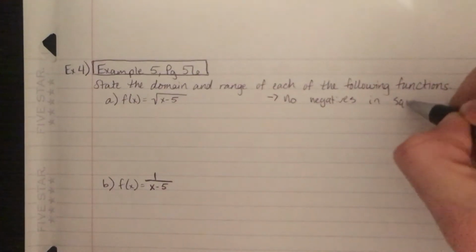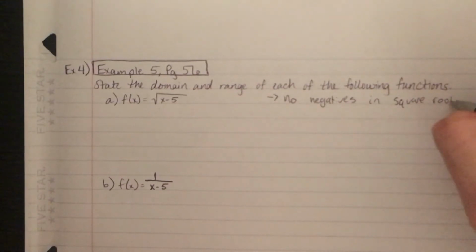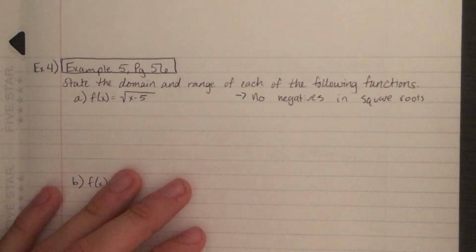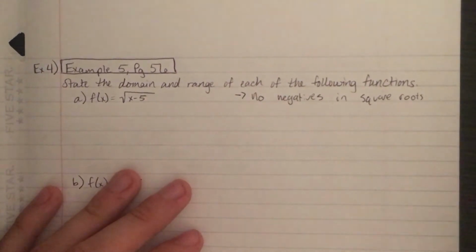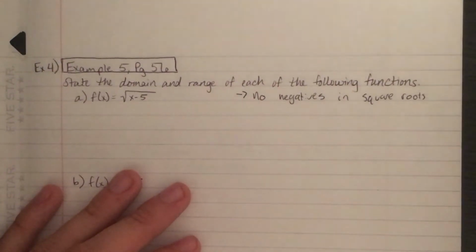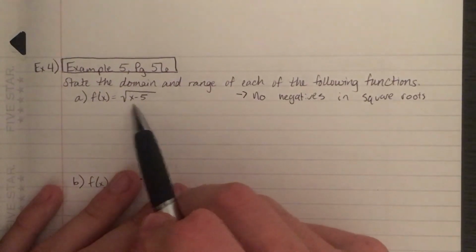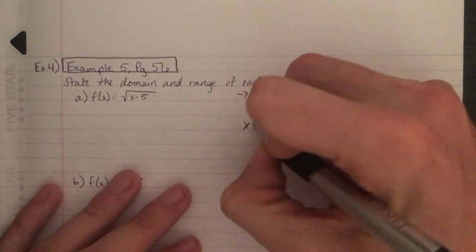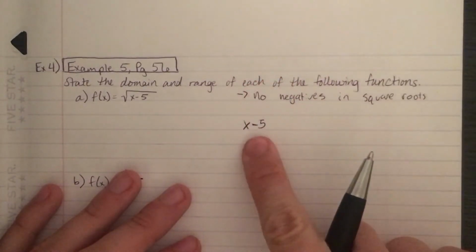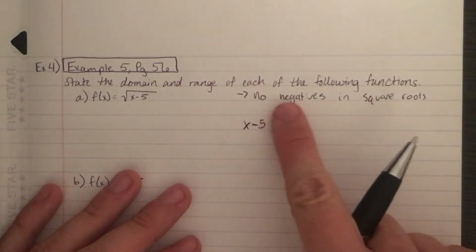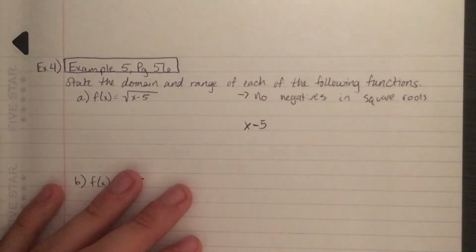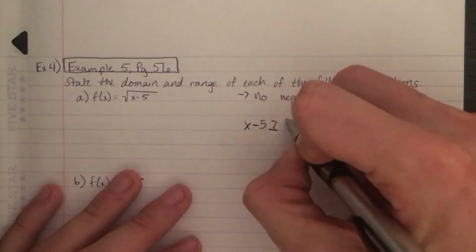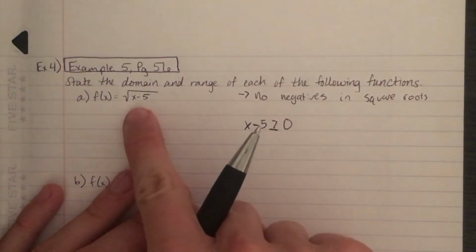in square roots. You get imaginary numbers, and we can't graph an imaginary number. At least not in this point of math. There is a point, but we're not there yet, y'all. So what that means is that whatever's underneath this radical, this x minus 5, for it to mathematically mean it cannot be negative, we're going to say it's greater than or equal to 0 because it's underneath that radical.